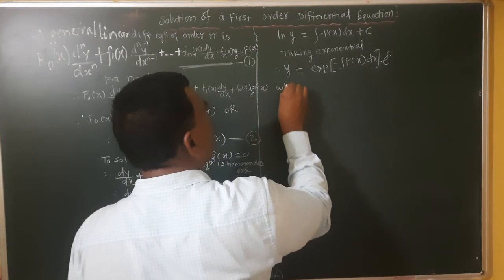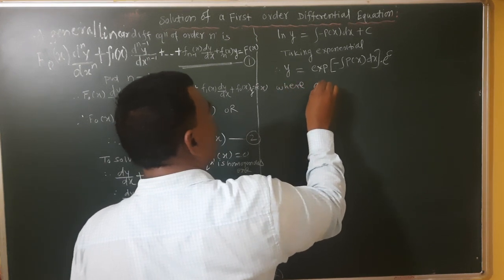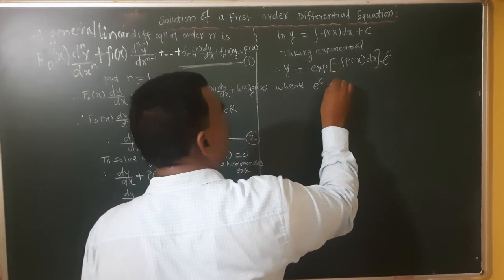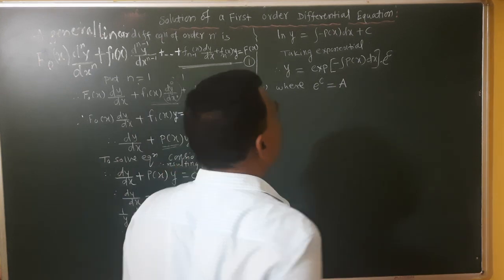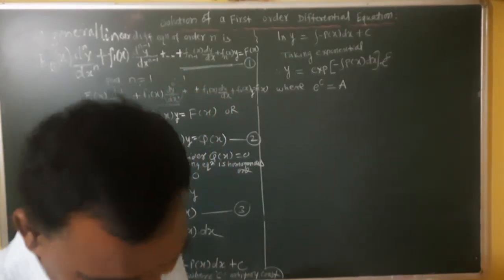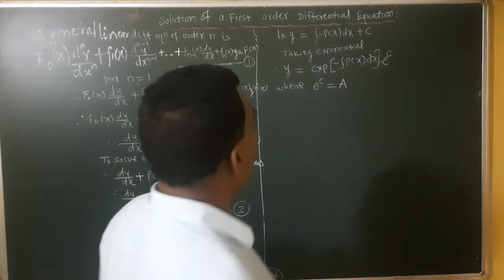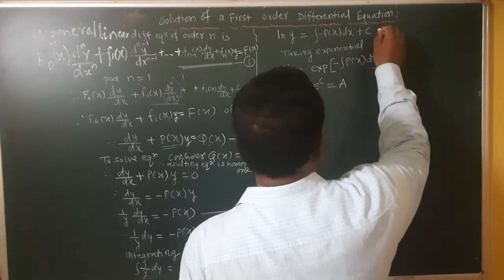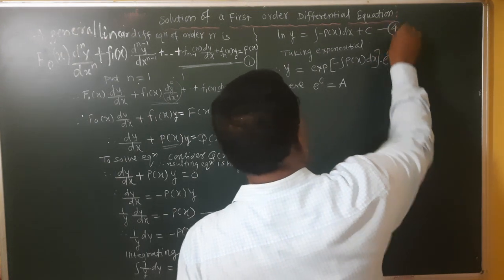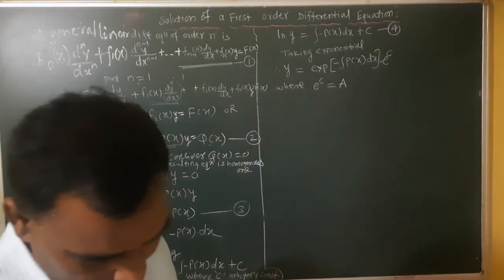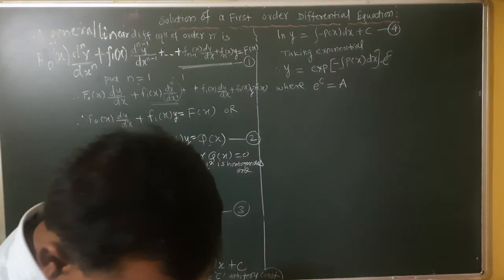where e raised to c is equal to capital A. e raised to c is exponential raised to c. This is equation number 4.